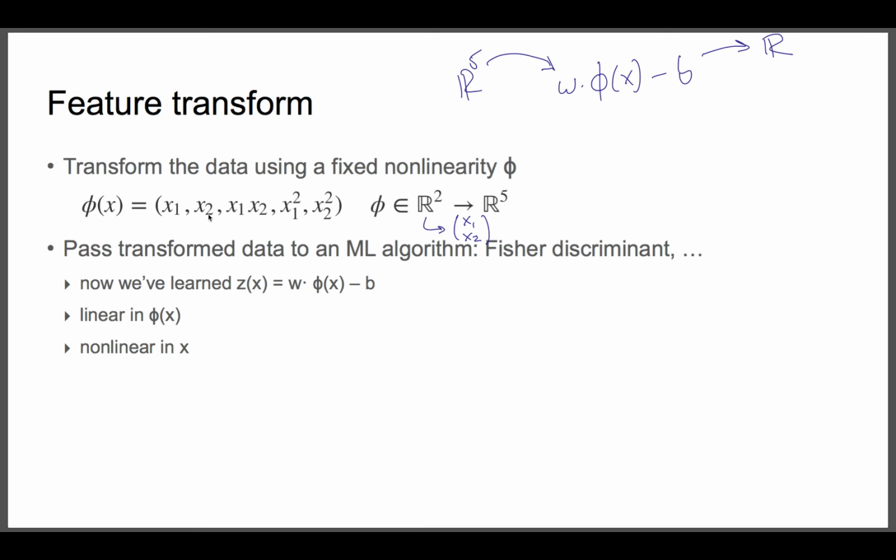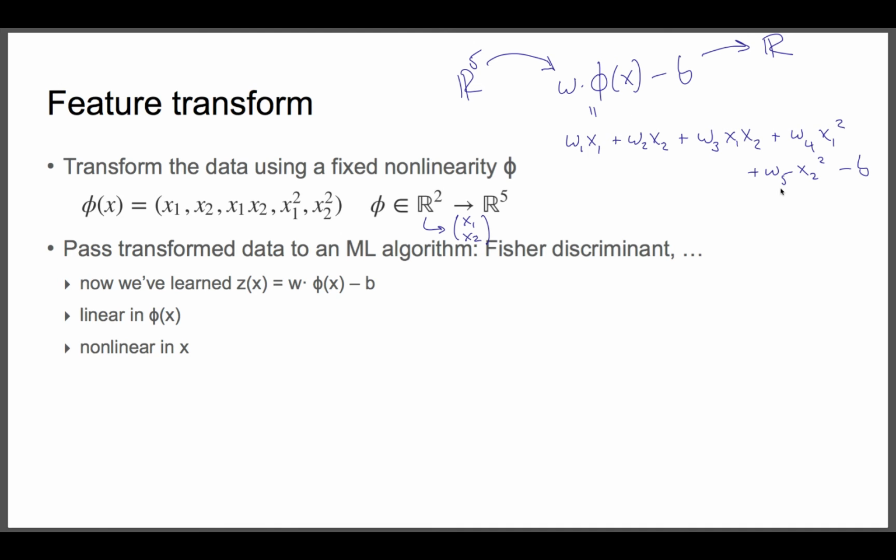I'll write it out. This is equal to w1 x1 plus w2 x2 plus w3 x1 x2 plus w4 x1 squared plus w5 x2 squared minus b.